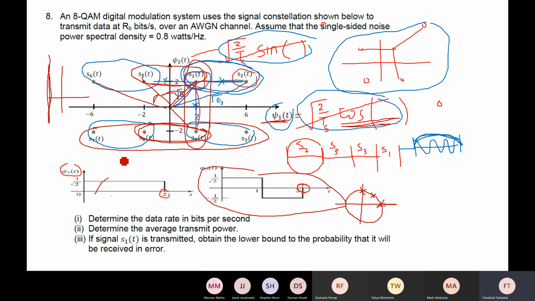So the product is a waveform that is 1/2 for 1 second and then minus 1/2 for another second. If we integrate from 0 to 2, the area under this portion would cancel with the area underneath this portion, because one is the negative of the other. So they are orthogonal.